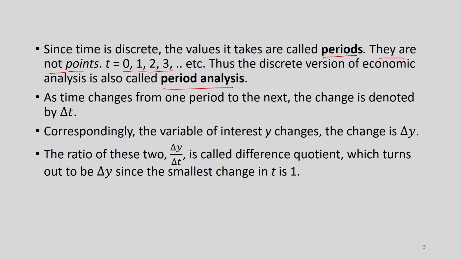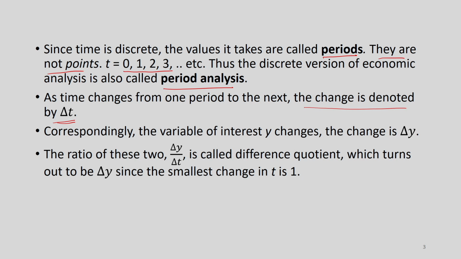Now, as time changes from one period to the next, the change is denoted by this notation delta t. Delta means change. So, delta t is the change in time. In particular, what is important here is that we are implying that the time is changing in a discrete manner.